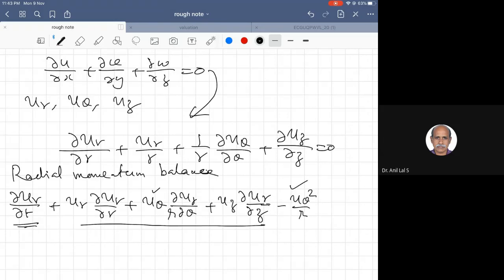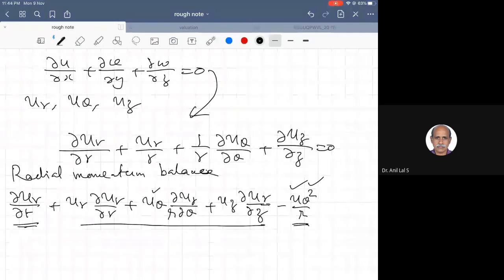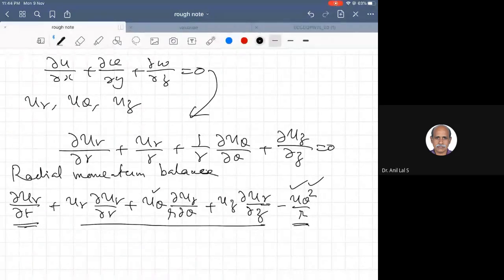Actually, this comes out of the gradient of e r and e theta with respect to theta. When you do that simplification, the centripetal acceleration will emerge, so all these terms will come out. Physically, the centripetal acceleration appears as a result of mathematical simplification.